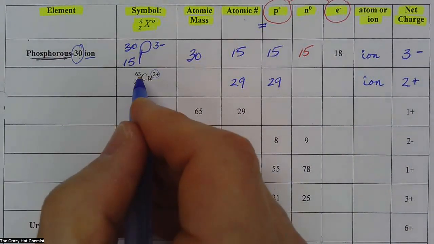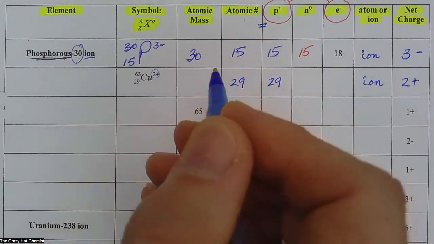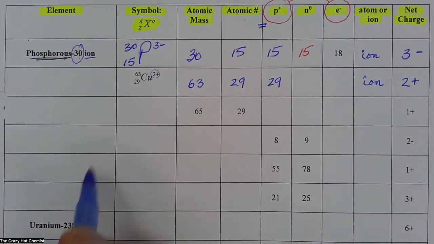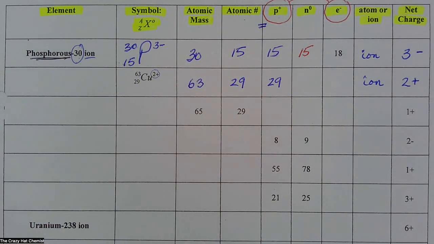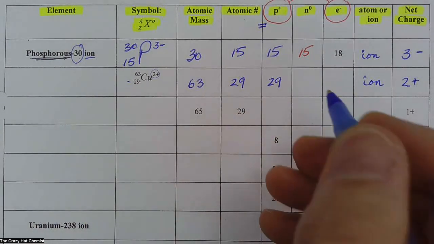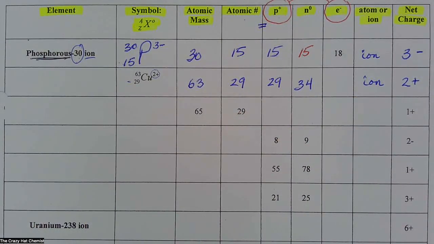And this 63 is the sum of the protons and neutrons, which is the atomic mass. If I take the difference between 63 and 29, I get the number 34. 34 is the number of neutrons.